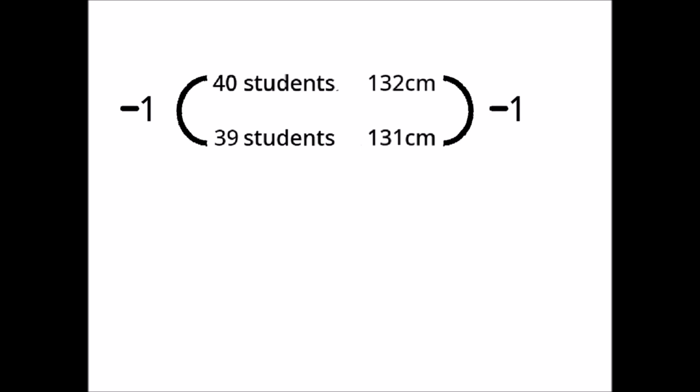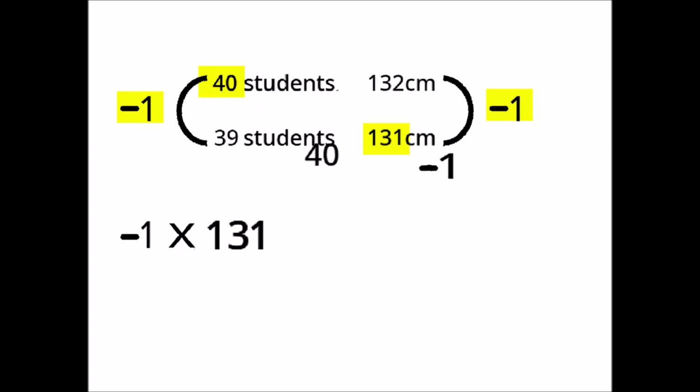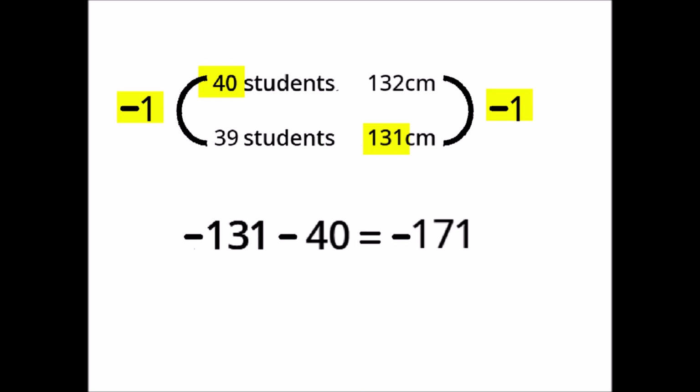Take the left side difference and multiply with the new average, and the right side difference and multiply with the old number of students. You would arrive at -171. We can ignore the negative sign and conclude that the answer is 171 centimeters.